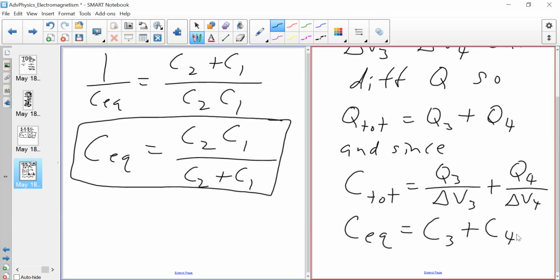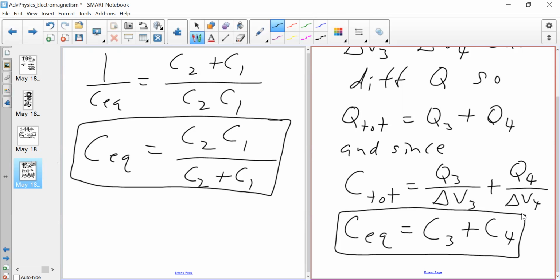So when you have 2 or more capacitors in parallel, you just add up the capacitances to get the equivalent capacitance. Again, equivalent capacitance is basically asking what one capacitor will do the same job as those two.